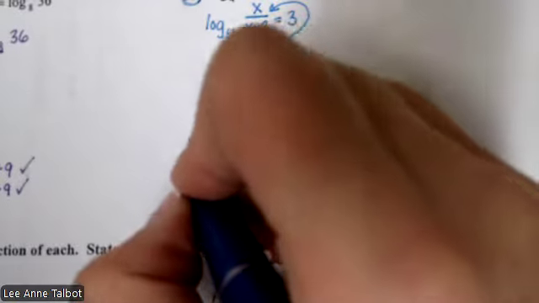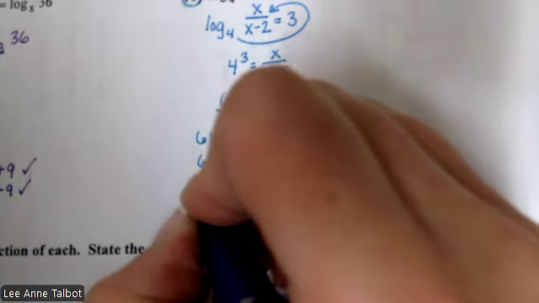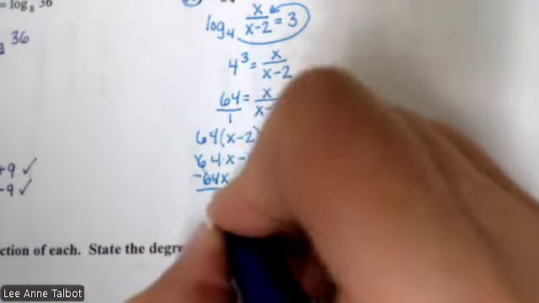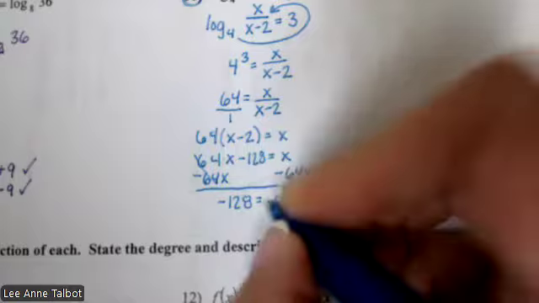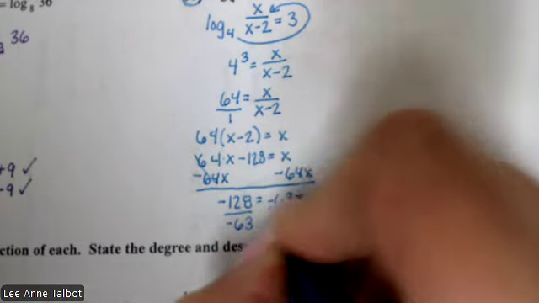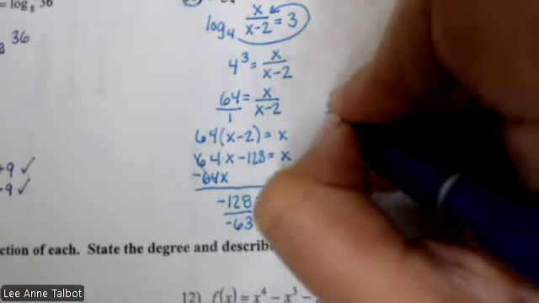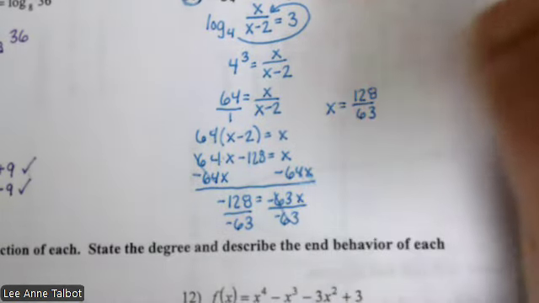All right. Anyway, minus 64x from both sides. Okay.